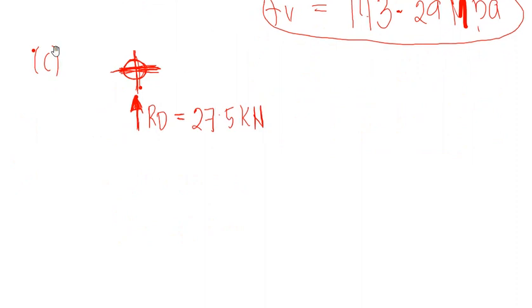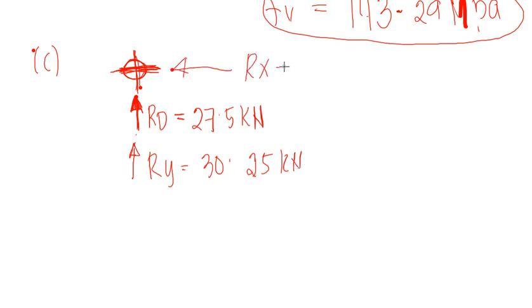So, meron tayong due to moment. Ito, due to load ito, direct load. Ito, due to moment, which is 30.25 kilonewton. And yung Rx natin is equal to 30.25 kilonewton. So, kailangan natin pagsamahin na yung direct load and our moment para makuha natin yung maximum shear stress.